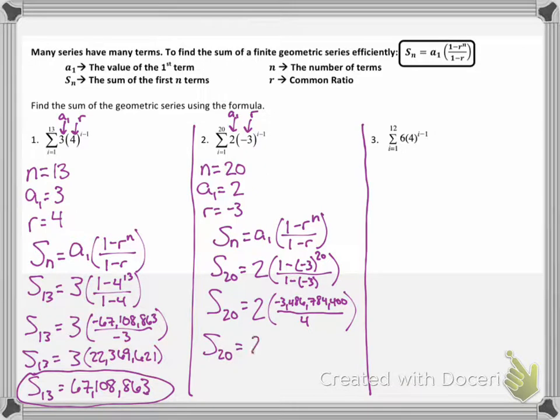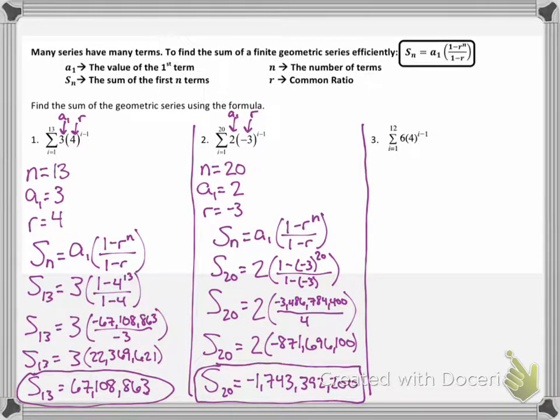We'll go ahead and divide. Give me negative 871,696,100. Multiply that by 2. The sum of the first 20 terms of this geometric series is negative 1,743,392,200. Hopefully you're enjoying this practice with your place value as well.